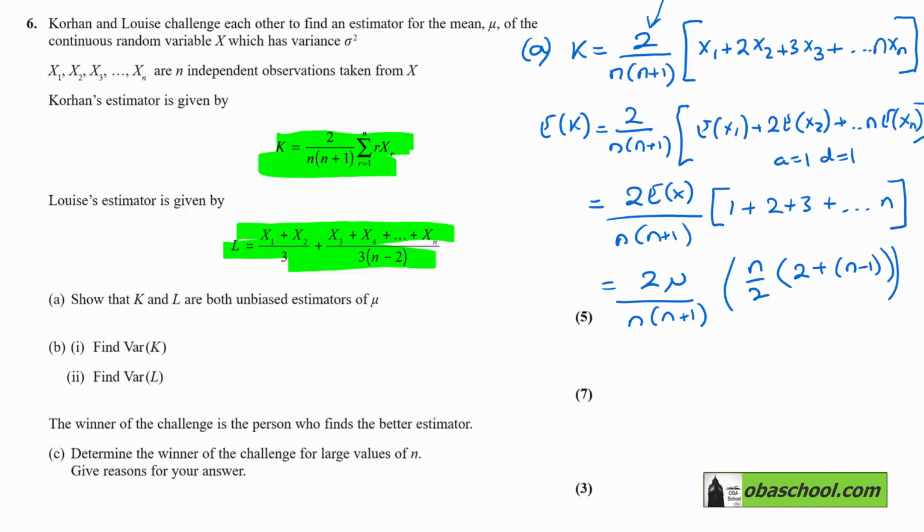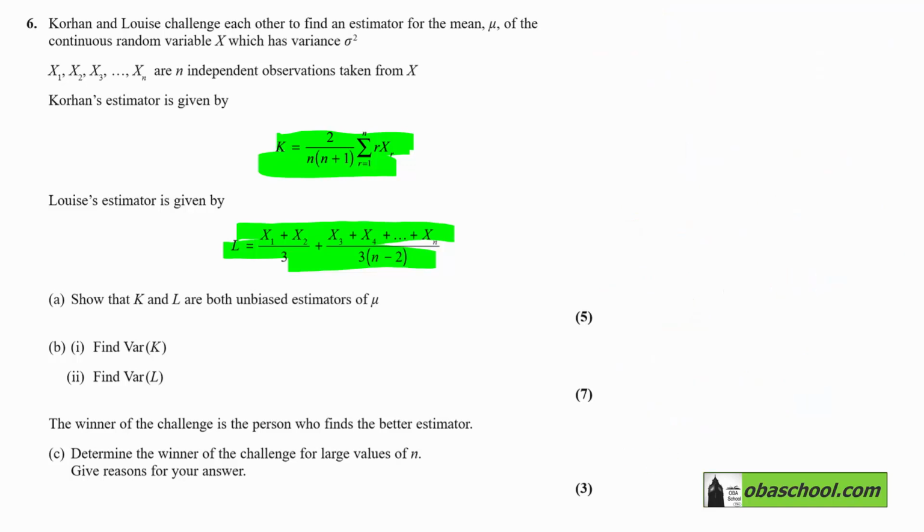And so that gives us 2 mu over n plus 1, and this one gives us n plus 1 divided by 2. So when we cancel everything out, we just get mu.